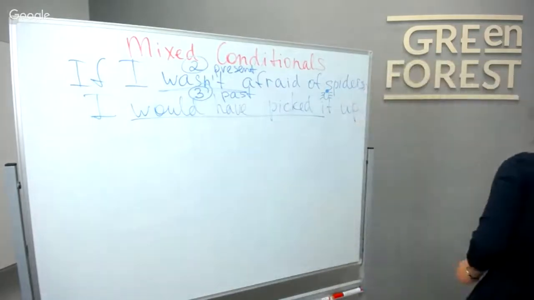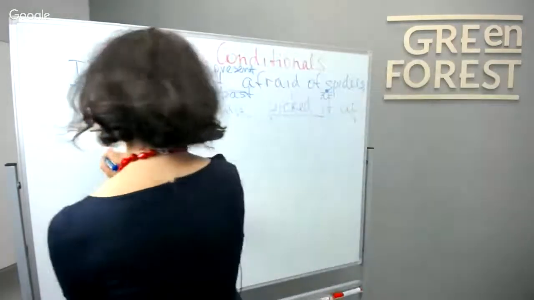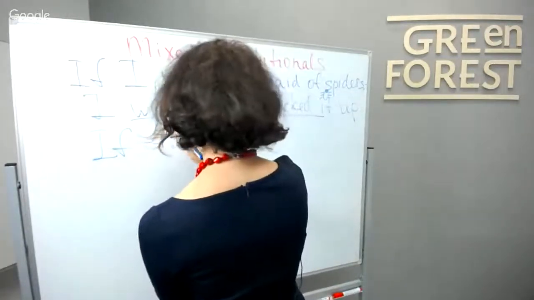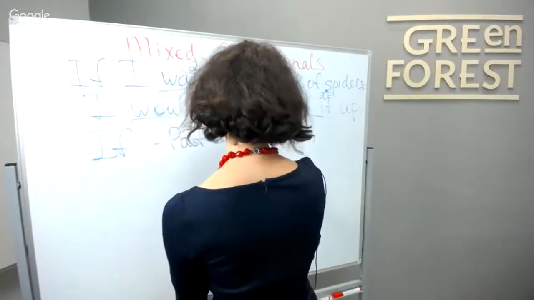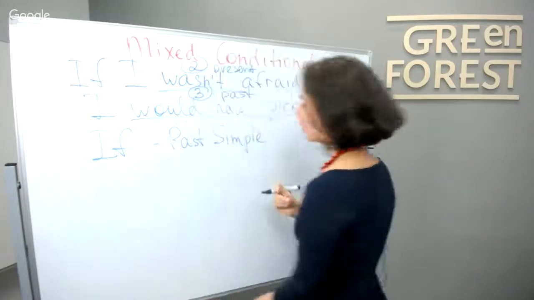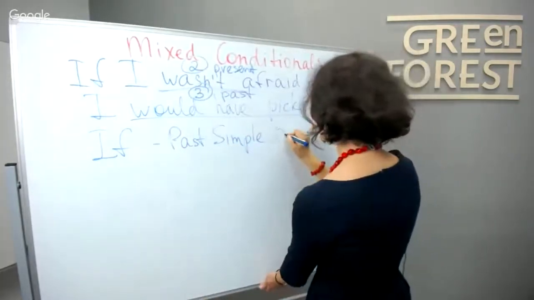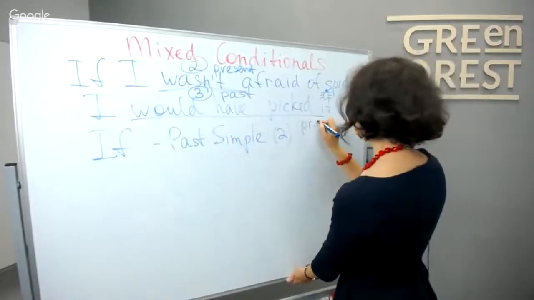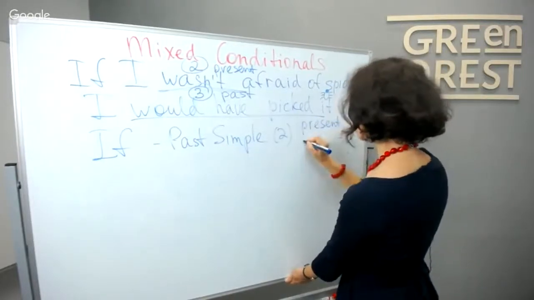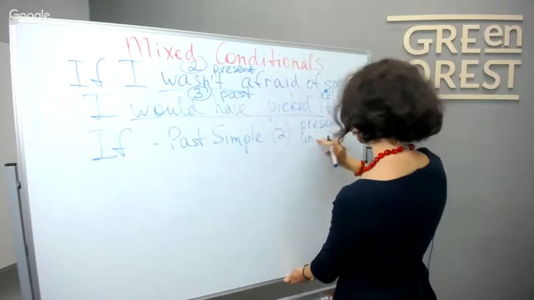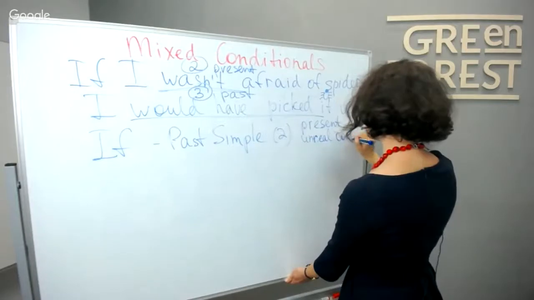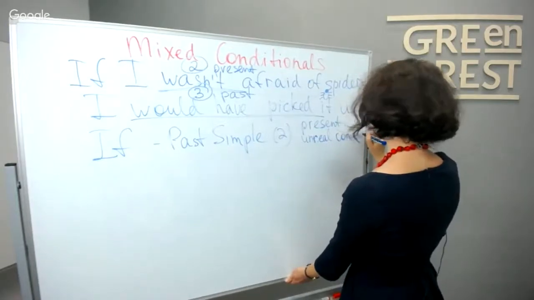Let's look at the grammar usage. After if, we use past simple. So past simple, this is our second conditional, and this is the situation that is present unreal condition.